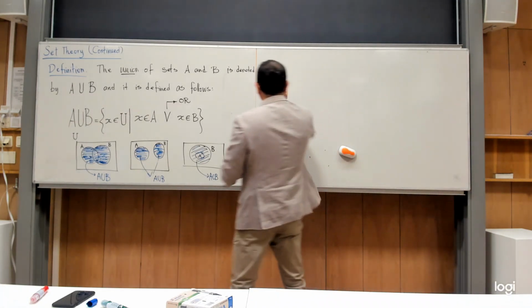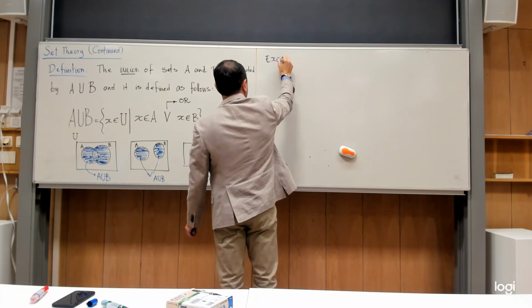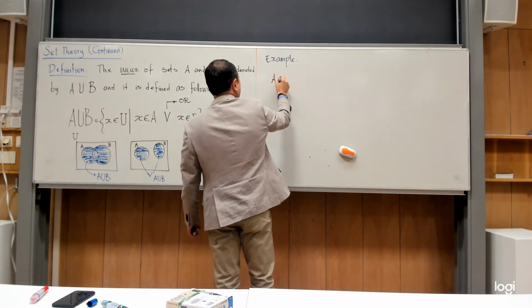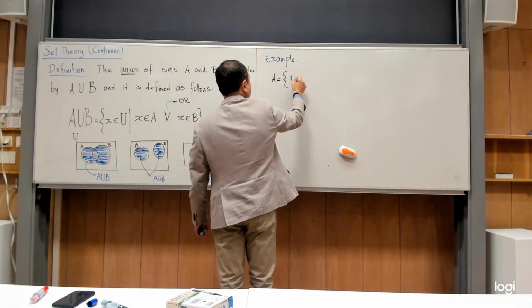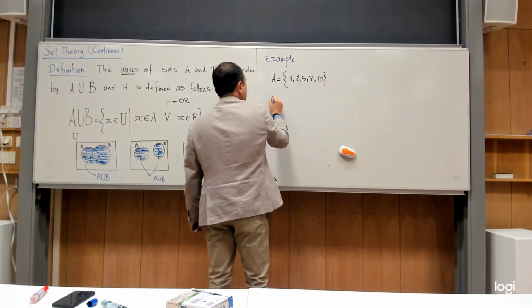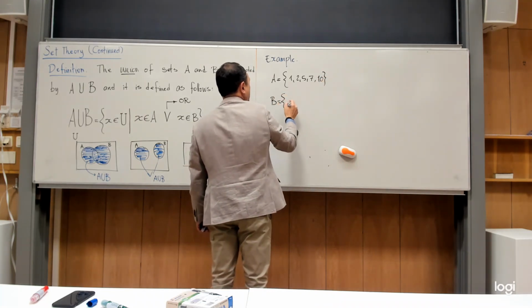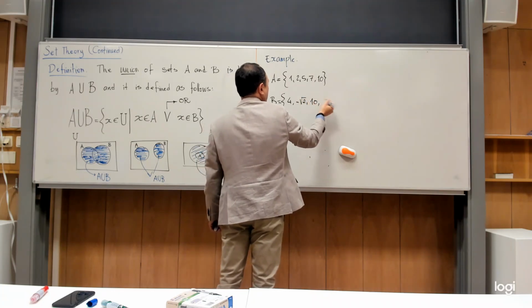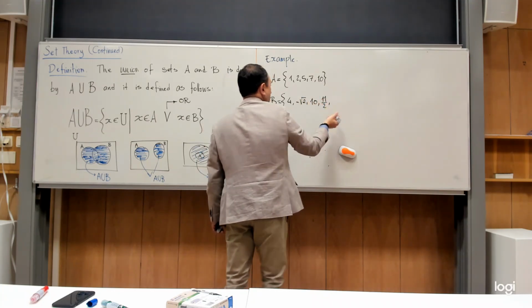Example. For example, let me take the set A of numbers 1, 2, 5, 7, 10, and let me give you B to be 4, minus the square root of 2, 10, 11 over 2, and, I don't know, 5.